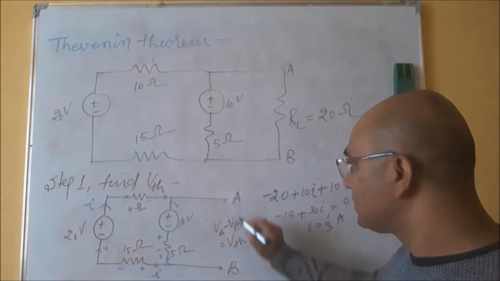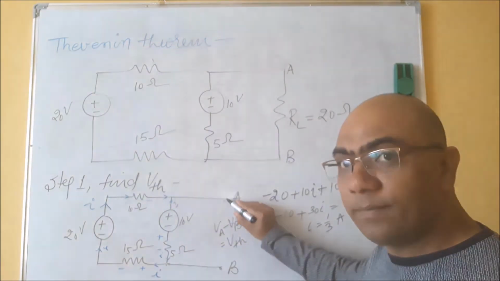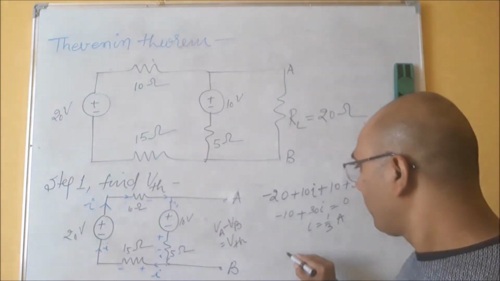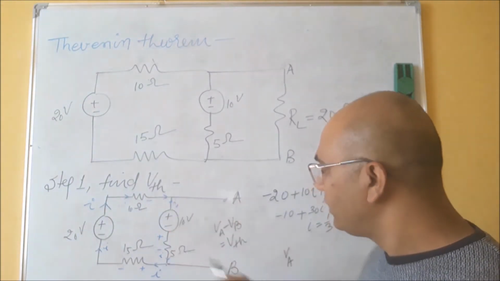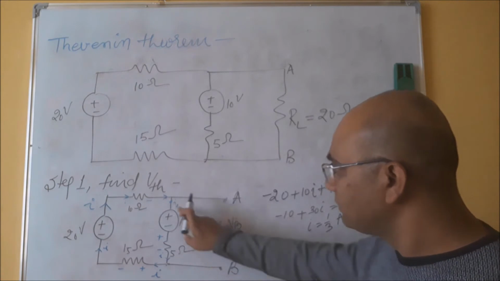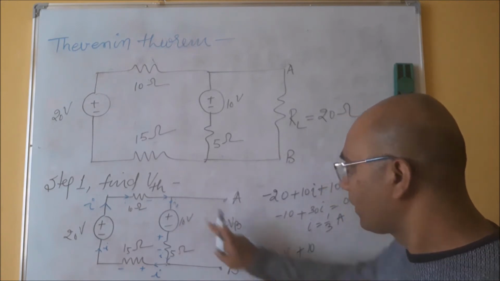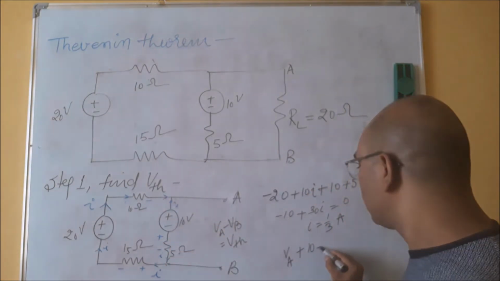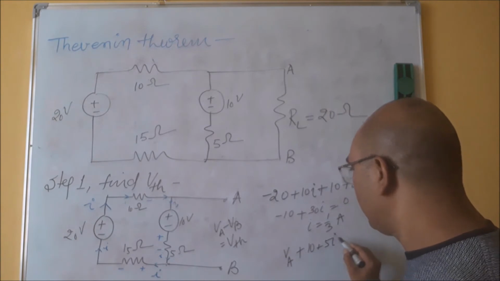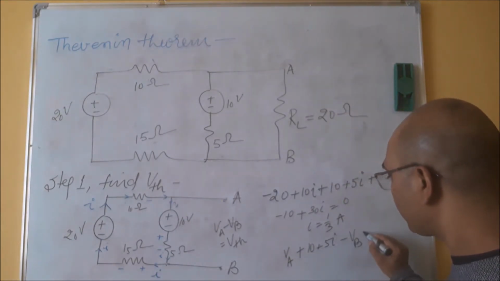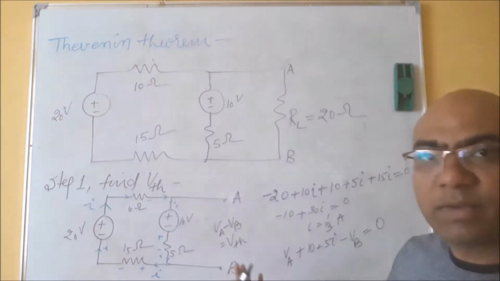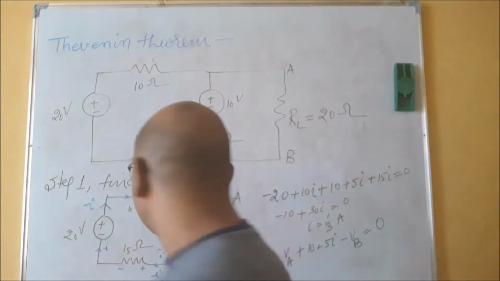So when we start from the point A, we can write like this: VA at this point plus 10 plus 5i, come to this point B. Why am I writing like this? You understand this?